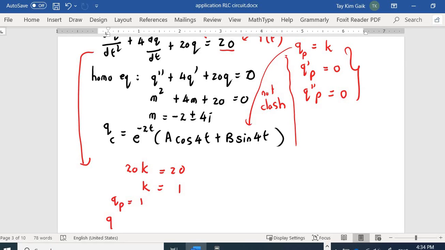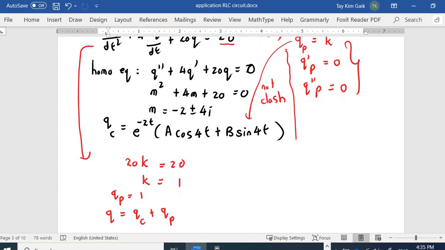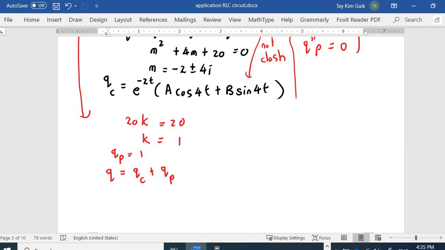And the general solution for q is your q_c plus q_p, where q_c is e^(-2t)(A cos 4t plus B sin 4t), then plus 1.